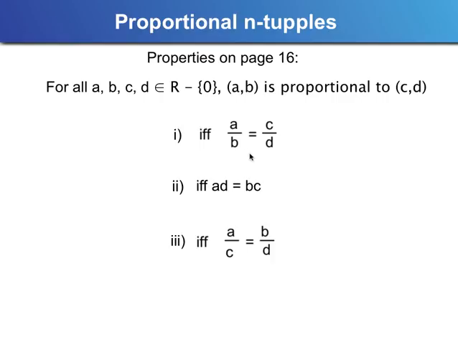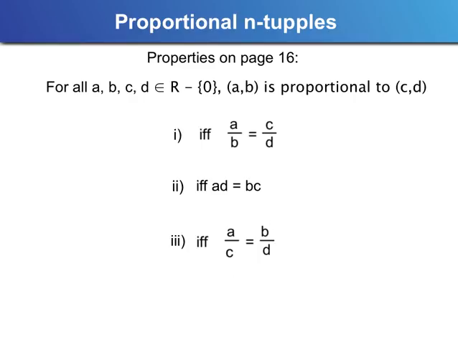The second property that always holds true if ordered pairs are proportional is that their cross products are equal. So if I know that A times D is equal to B times C, then I know that the ordered pairs are proportional.